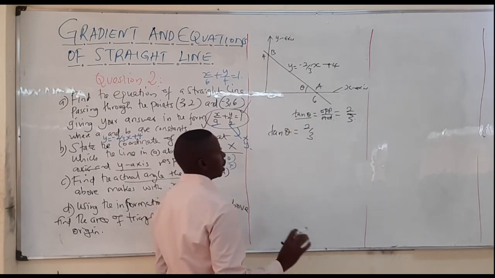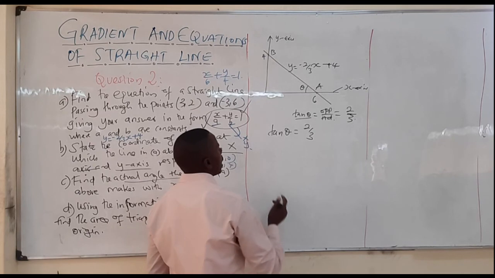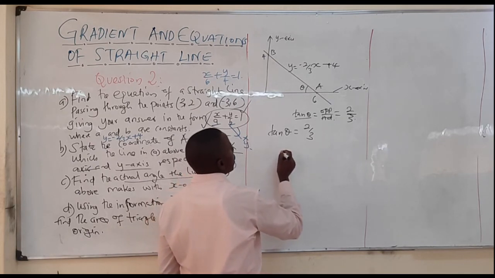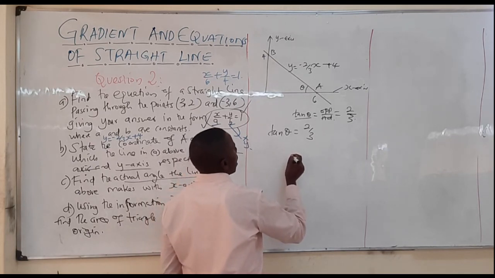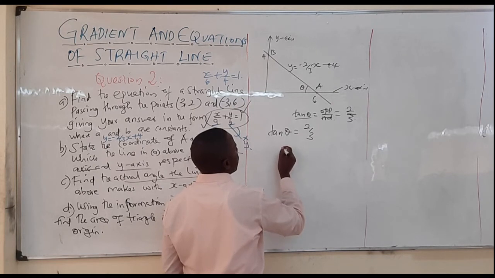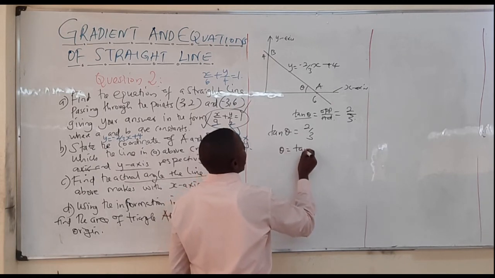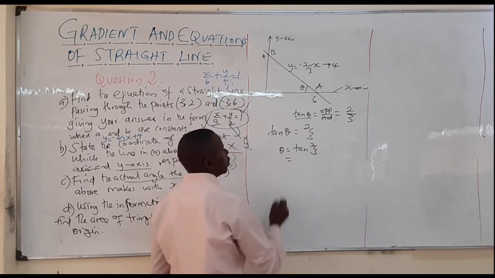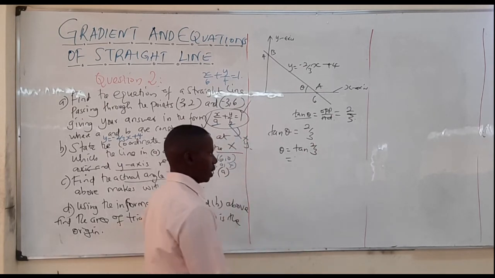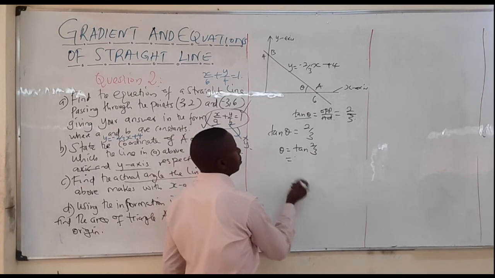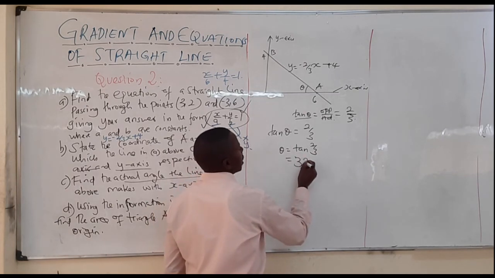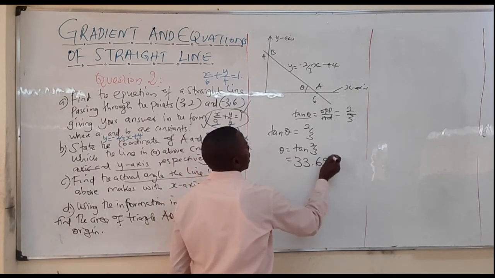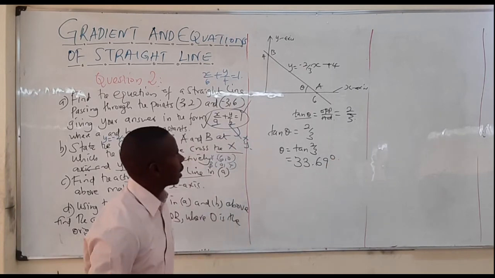Then we need to get theta, so it's going to be the tan inverse of 2 over 3, and using the calculator or table, this is going to give you about 3.69 degrees.